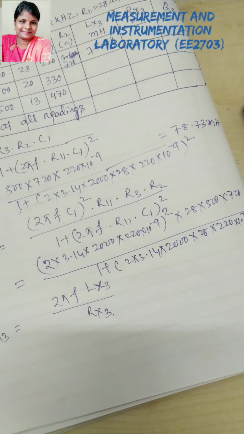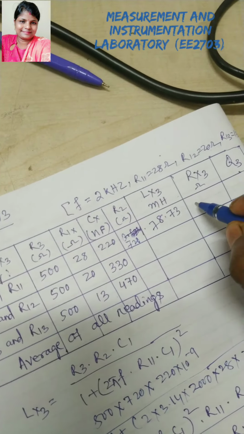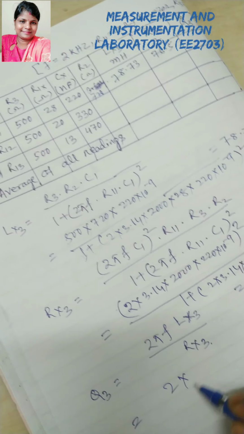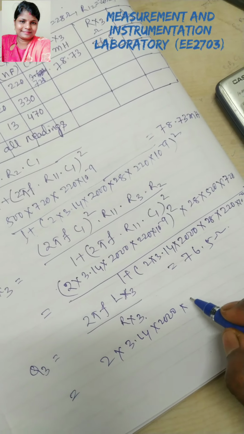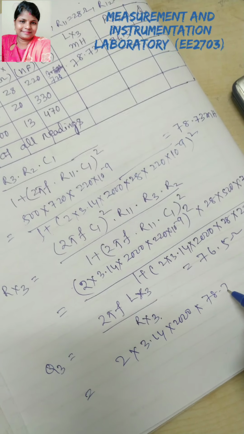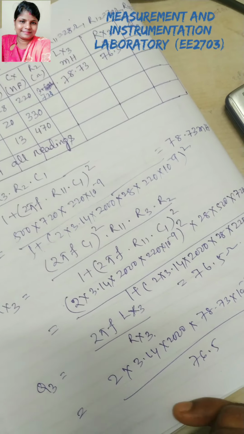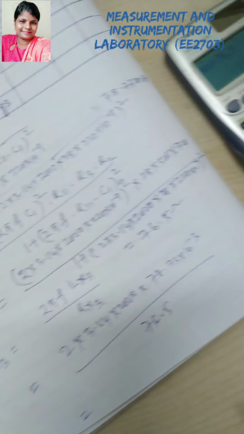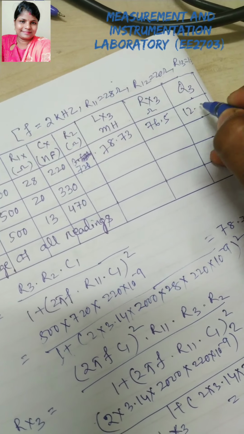So calculate. So the value is 76.5 ohm. So write here 76.5 ohm. Calculate the value of Q3: 2 into 3.14 into 2000 into LX3, 78.73 into 10 to the power minus 3, divided by 76.5. Now it's coming 12.93. So write here 12.93.